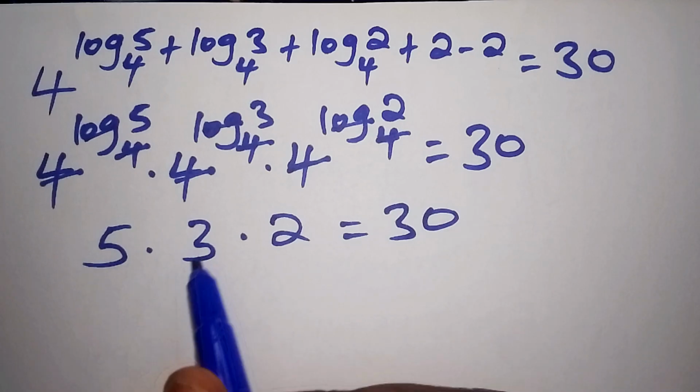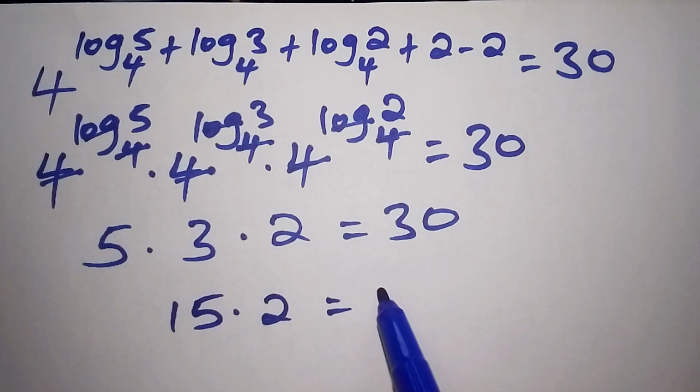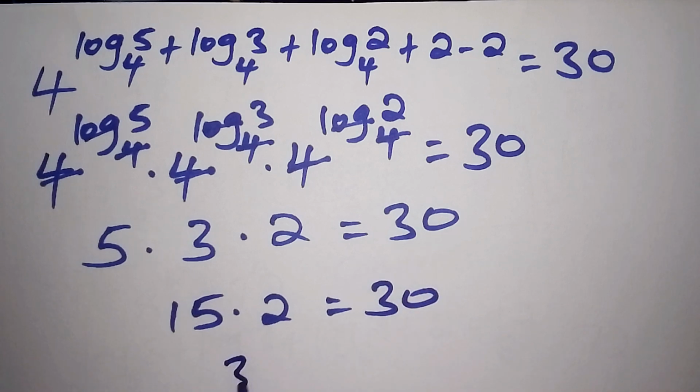So now 5 multiplied by 3 is 15. Then 15 multiplied by 2 is equal to 30. So in this case we shall say that 30 is equal to 30.